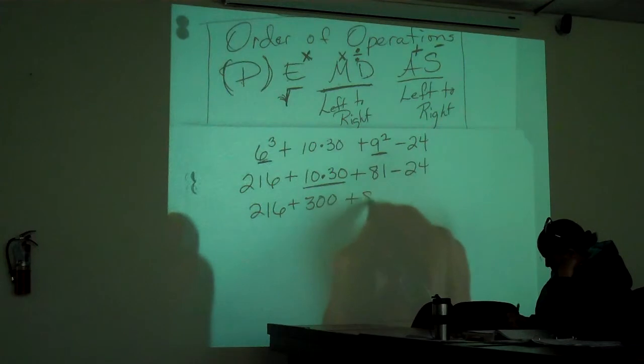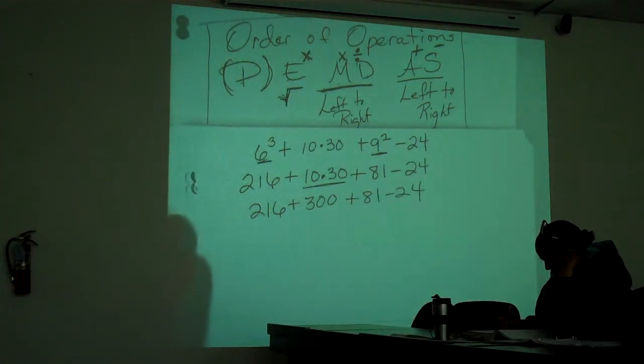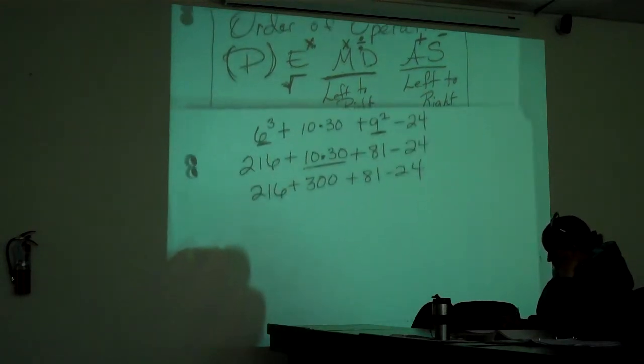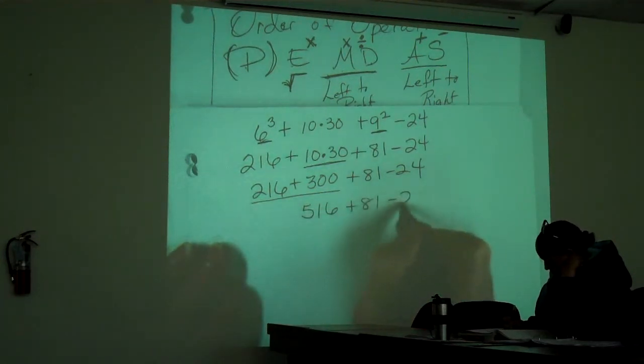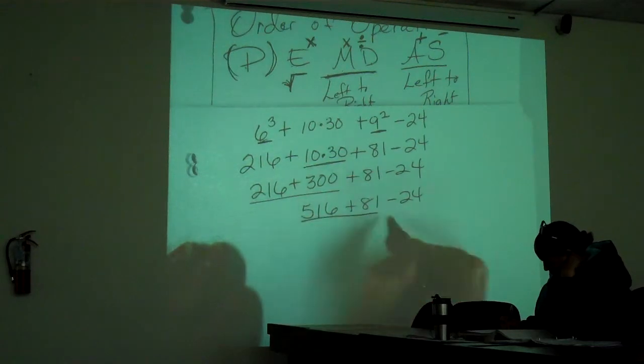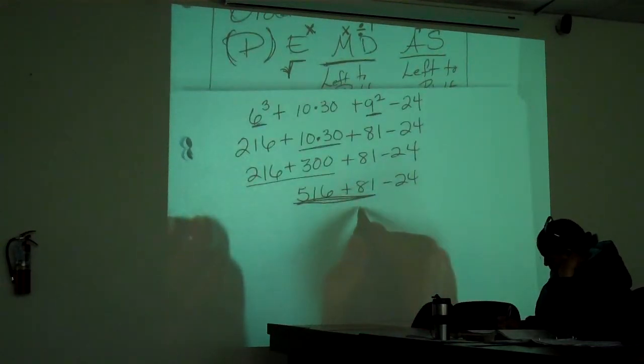Rewrite everything. It should look like a tornado coming down, getting skinnier every time. 216 plus 300 is 516. 516 plus 81 is 597. Underline the part you do every time. And then subtract 24.